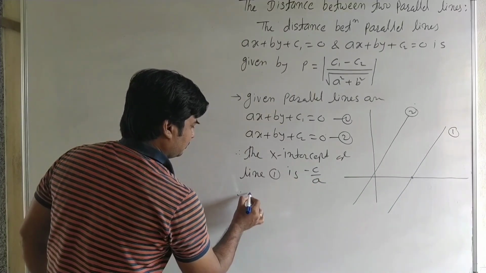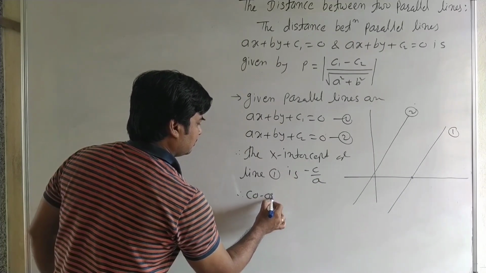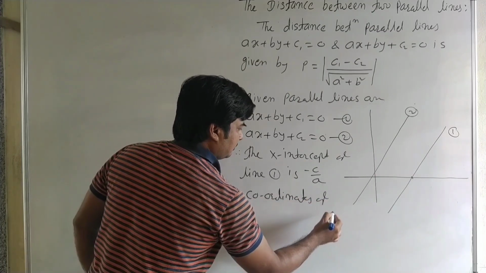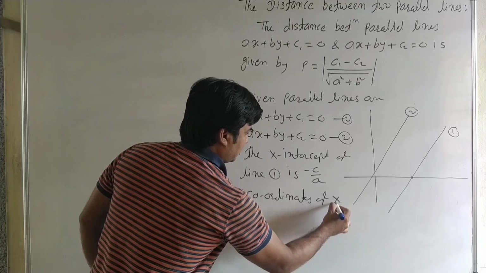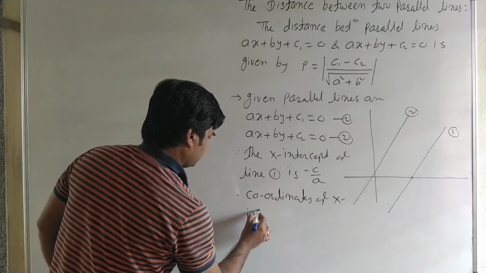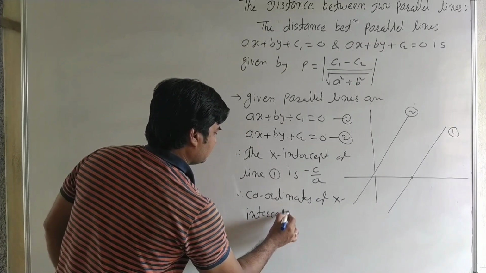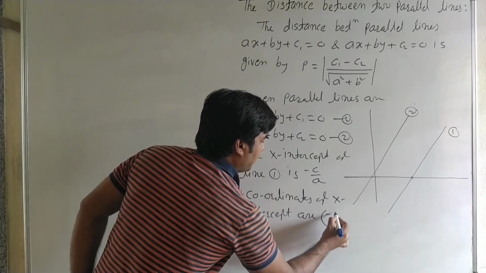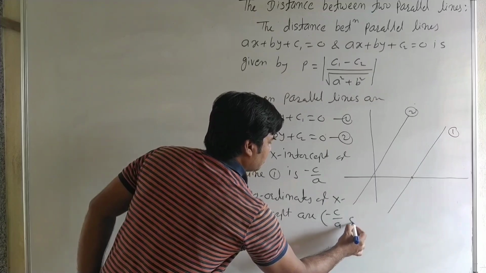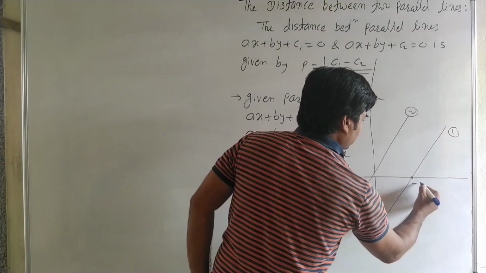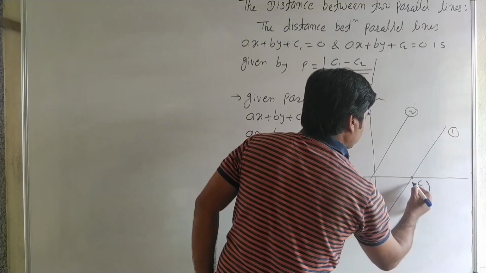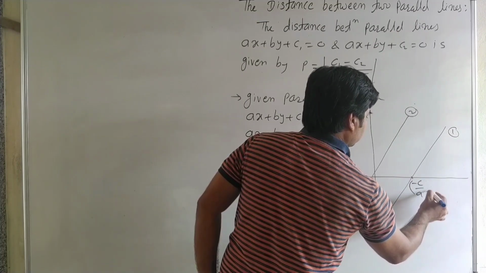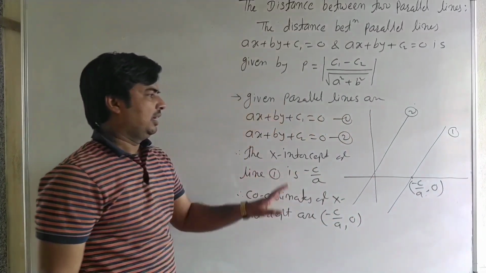Therefore the coordinates of the x intercept are minus c by a comma 0. Okay, here it is the x intercept.